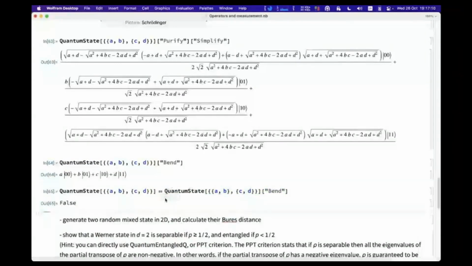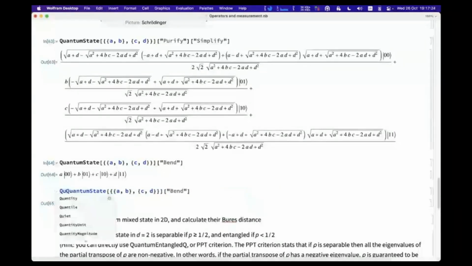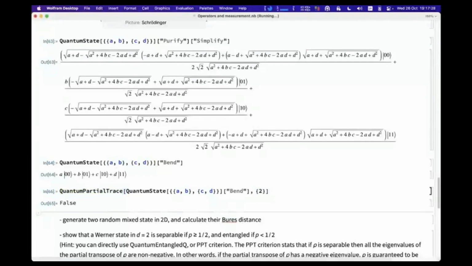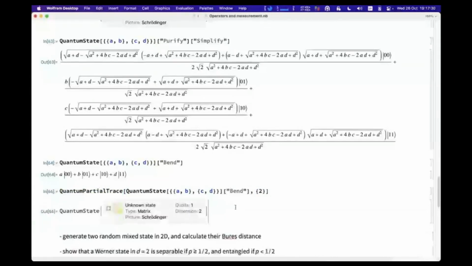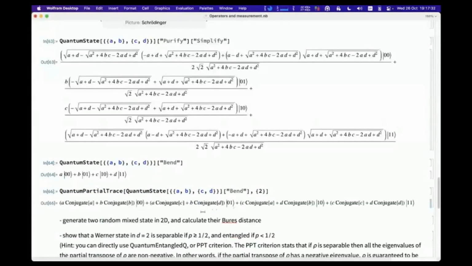Remember that it's not the same thing. For example, take the quantum partial trace on the second quantum system. This is not the original state. That's what I'm telling you. There are some extra factors there. You see, it's not the same thing.